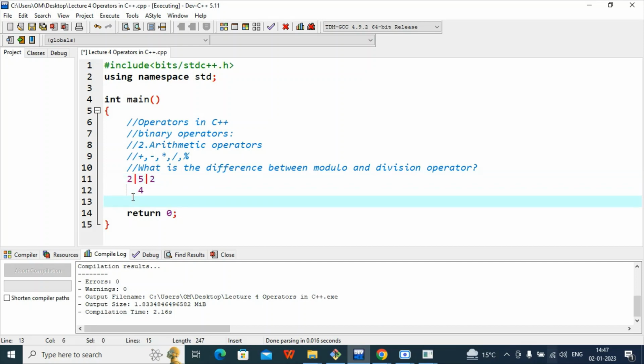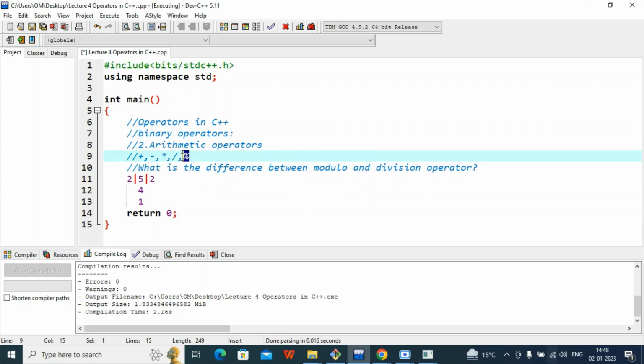What is the remainder left? 1, right? So this is the remainder. What you get as a remainder is your modulo. When you do 5 modulo 2, you will get remainder 1. The remainder is your modulo.